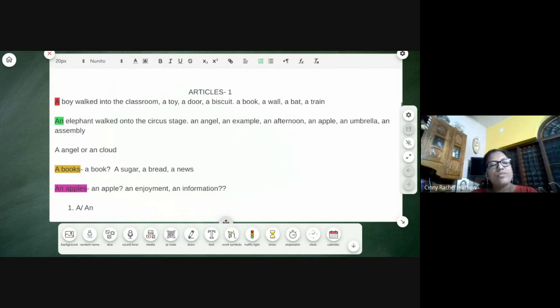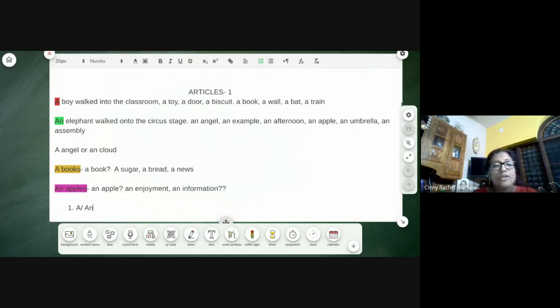So the indefinite article a will be used by us in front of a noun that begins with a consonant sound. The article an will be used by us in front of a noun that begins with a vowel sound.